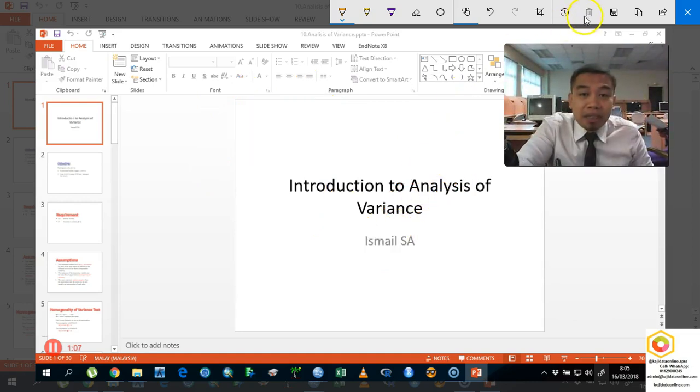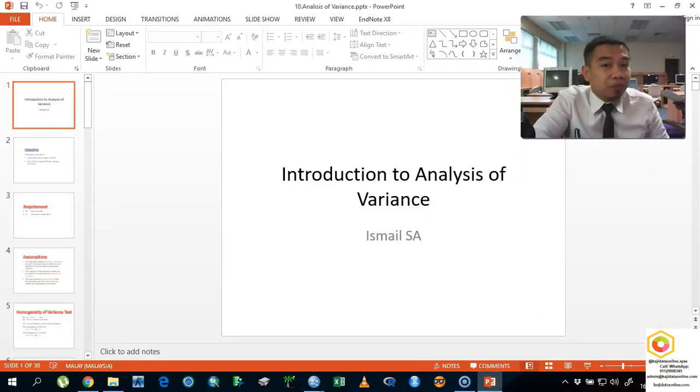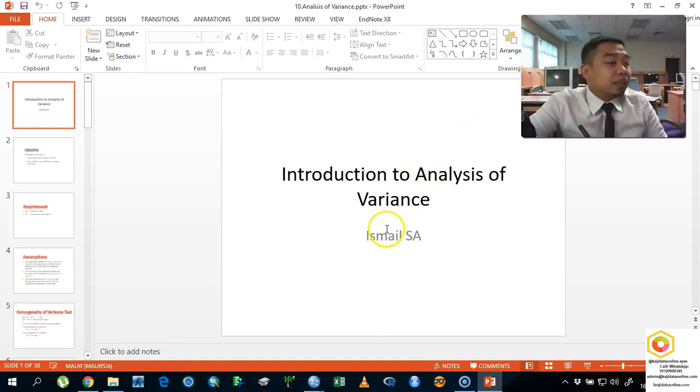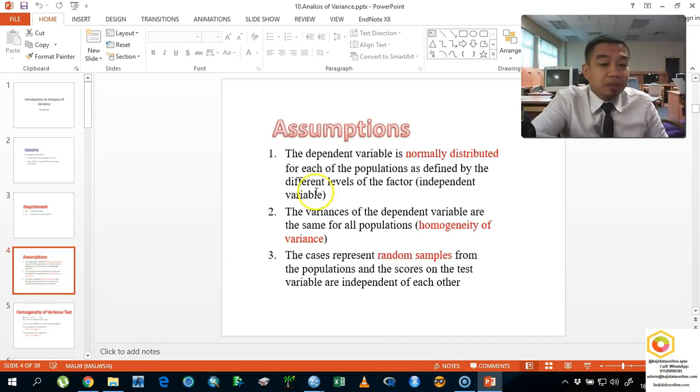Random sample means that everybody inside this class or everybody in a population of interest has the equal chance to be selected as a sample. And then the third one, but not least, is the homogeneity of variance. The first one, normal distribution, random samples, and then the third one will be the homogeneity of variance.